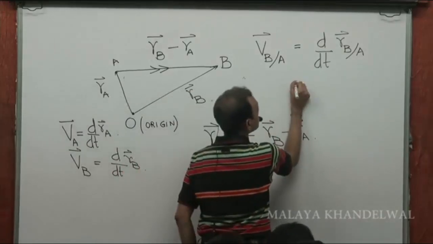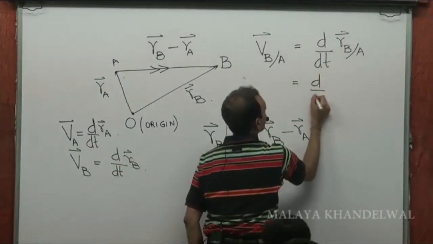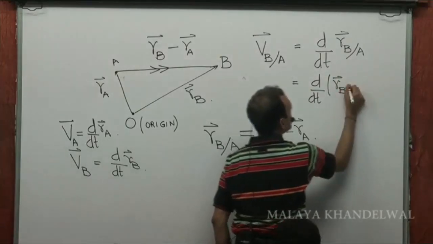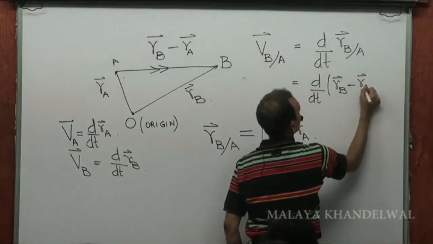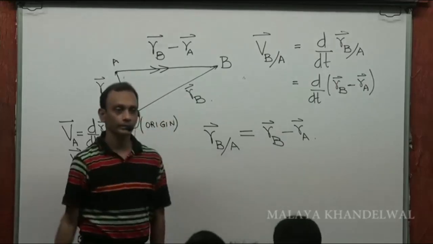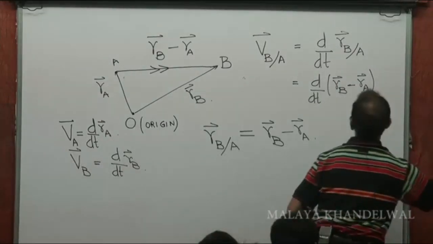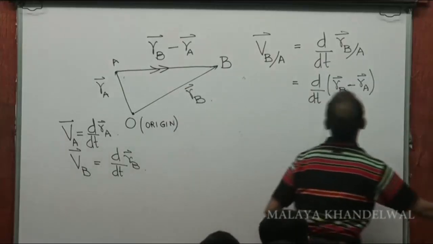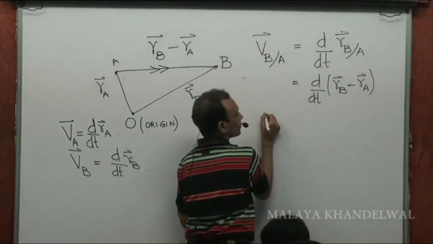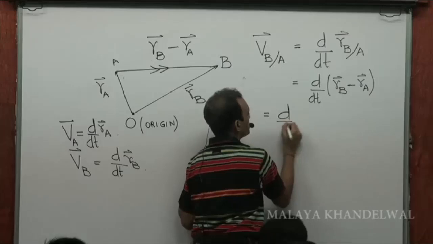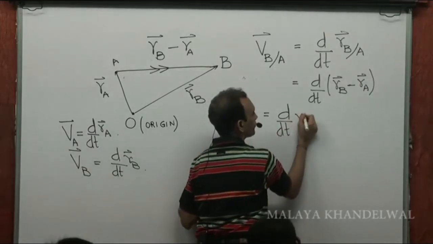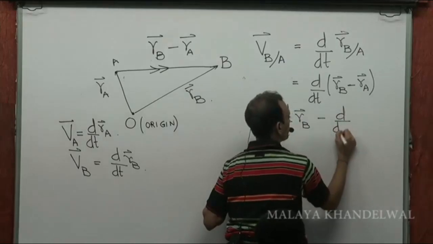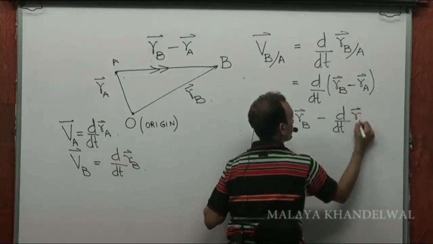Which is like ddt of RB minus RA, which is essentially ddt of RB minus ddt of RA. Right?